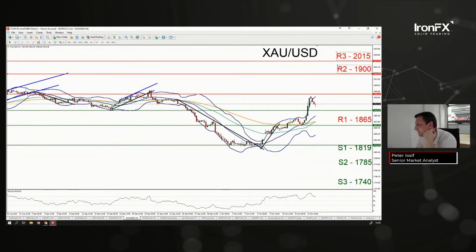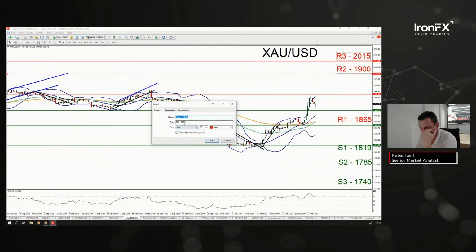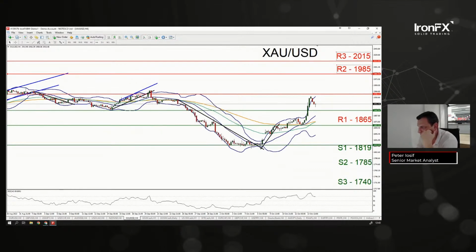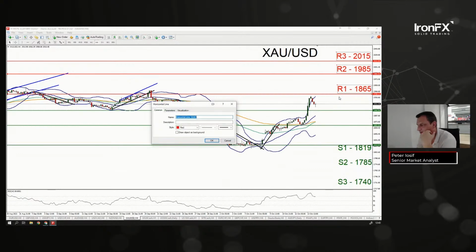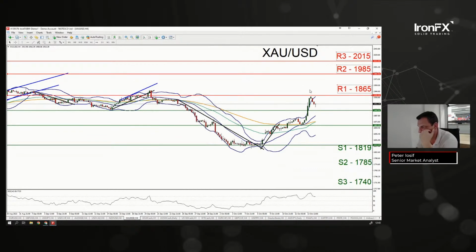The R2 at 1985. Let's have a look exactly where this stands. $1,932 maybe.